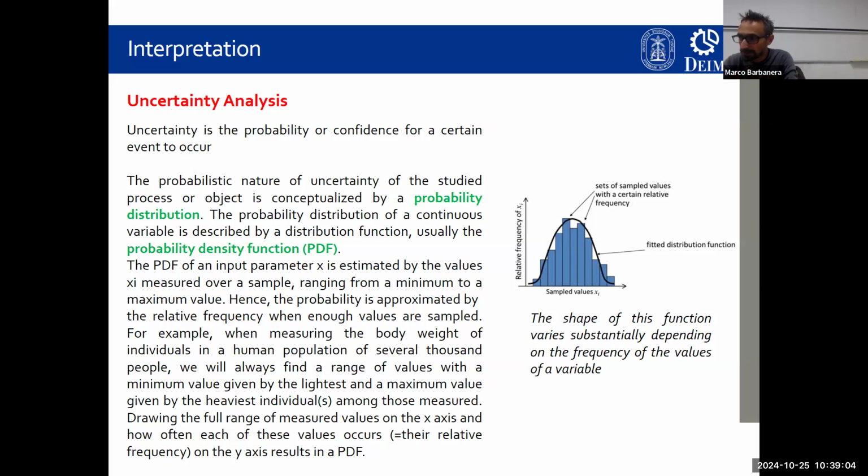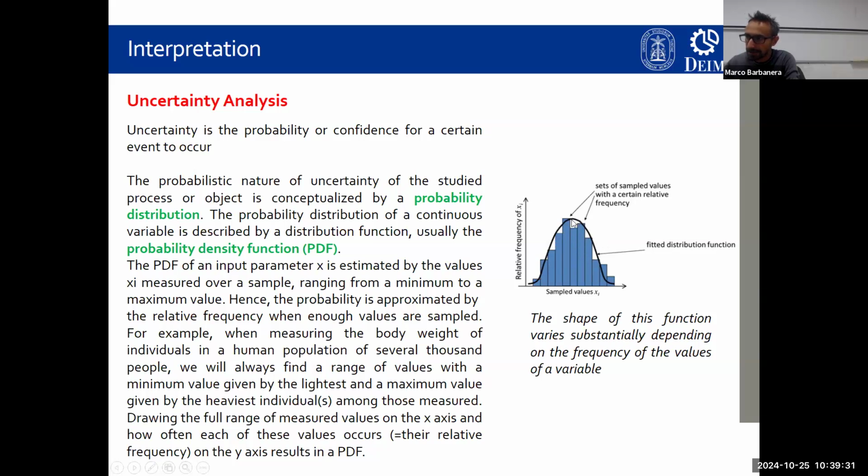The probability distribution typically has this shape, of probability distribution associated to an input or output data. This kind of shape is the Gaussian curve.